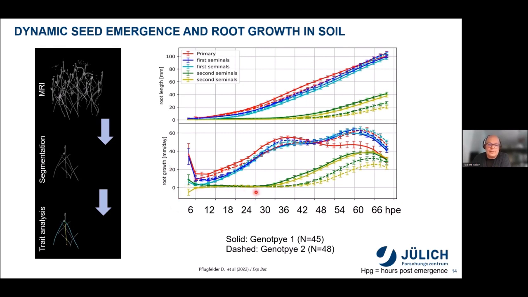Also for growth rates, you can directly see here in red, for the primary root, that it's not linear, but quite heterogeneous how these roots grow and the plants emerge in soils. For me personally, this was a really good example of how MRI can be used for high-frequency measurements of early development of plants in soils.